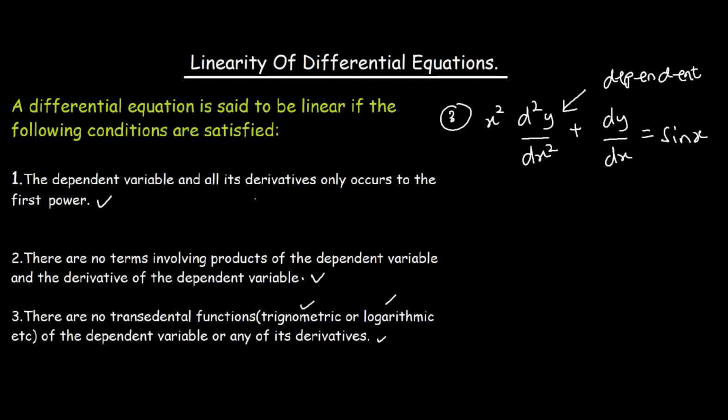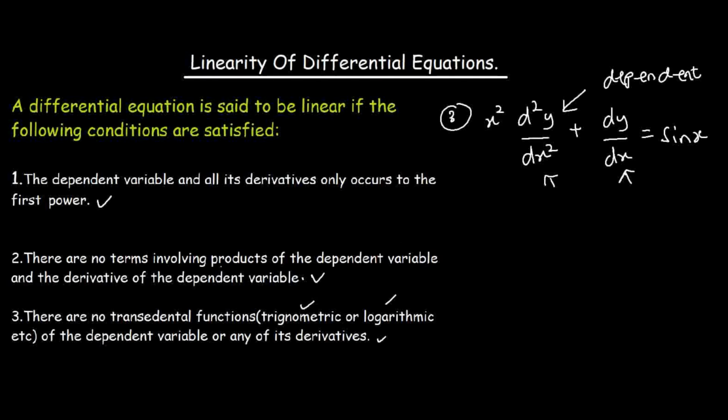So the first condition says the dependent variable and all its derivatives only occur to the first power. So this is the dependent variable, that's y, and then we have the first derivative and then the second derivative, and they are all occurring to the first power. So the first condition is satisfied. Let's look at the second one.